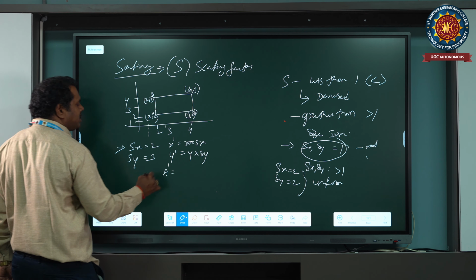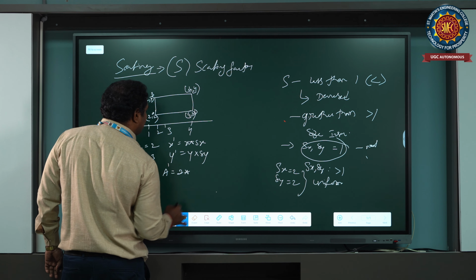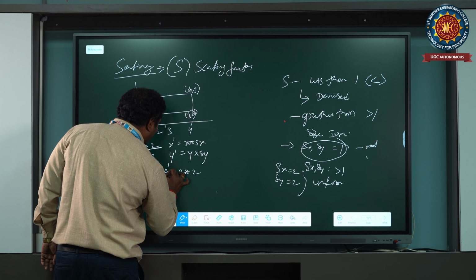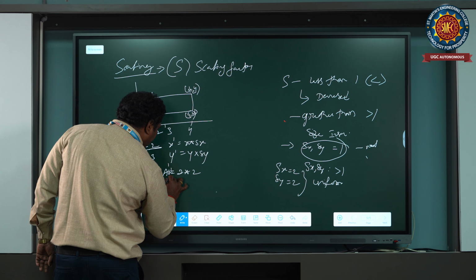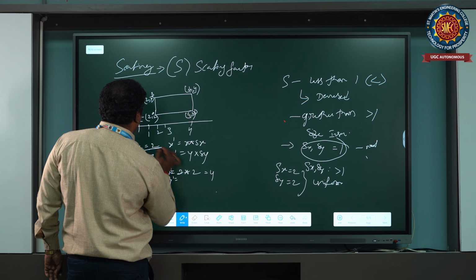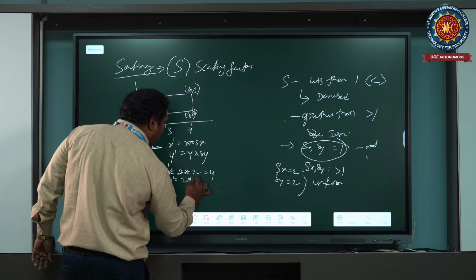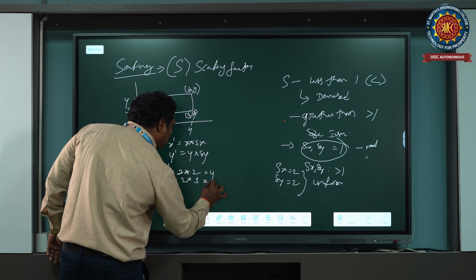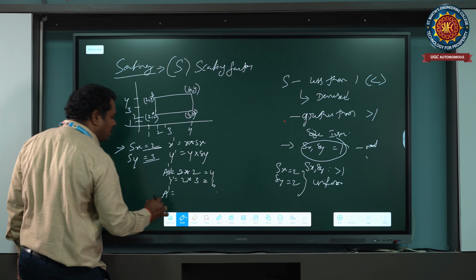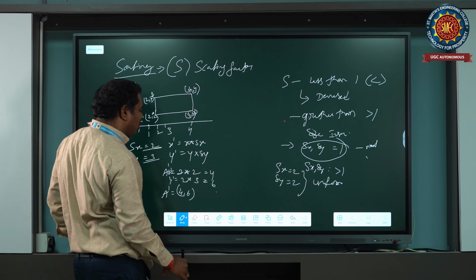A has x value equal to 2, into Sx, which I give as 2. So A bar of x is 4, and the y value is 2 into Sy, which I give as 3, so it is 6. The new point A bar is (4, 6).